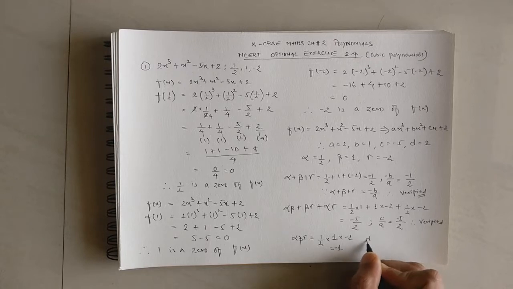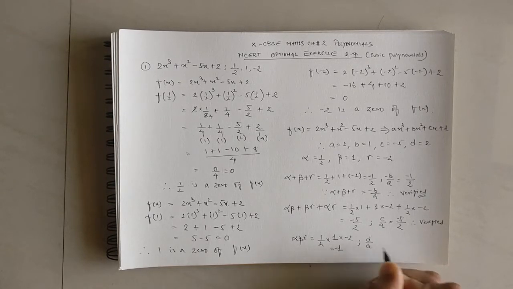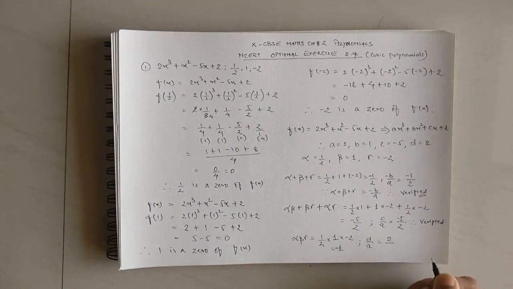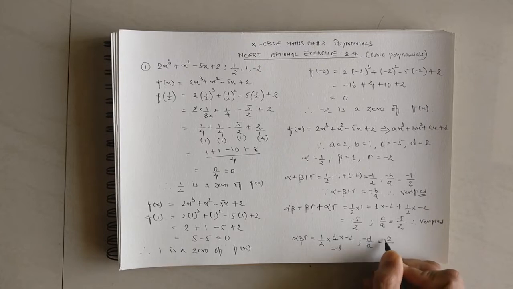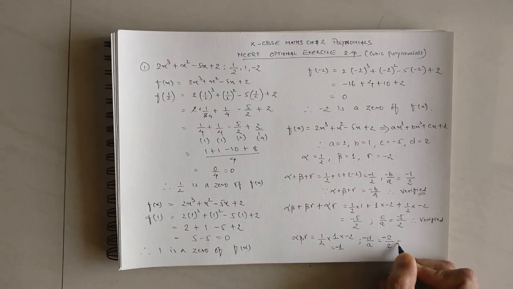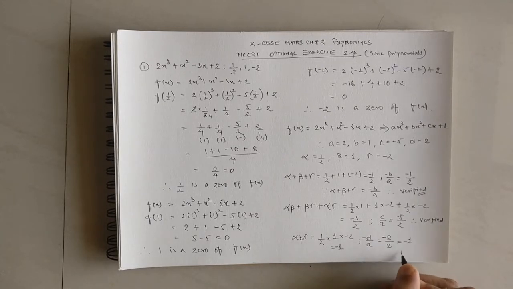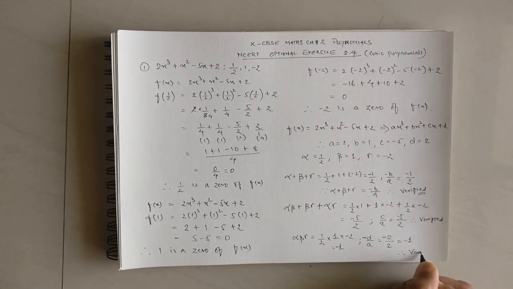It should be equal to minus d by a. D is 2, so minus d is minus 2, by a is 2. So minus 2 by 2 is minus 1. So the product of the zeros is equal to minus d by a. Both are minus 1, therefore that is also verified.